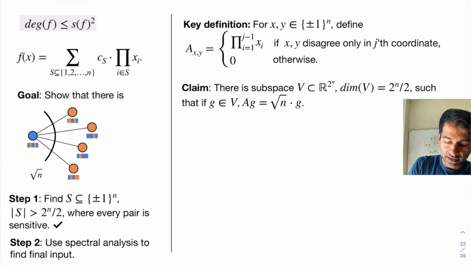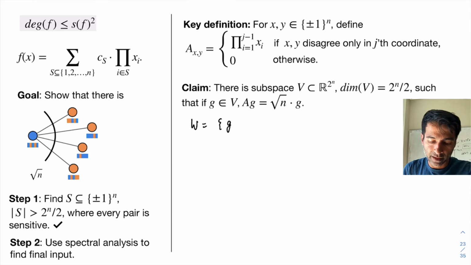Let's define a subspace W which is equal to the set of vectors G. Well, maybe first I'll make an observation. The matrix A here is a 2^n by 2^n matrix.